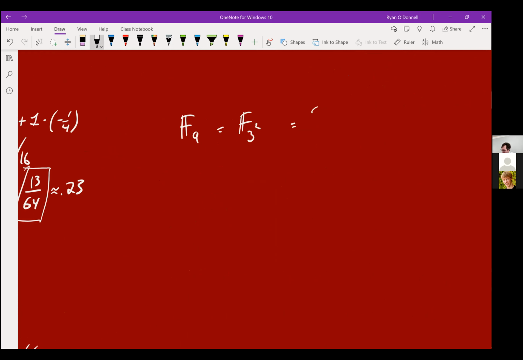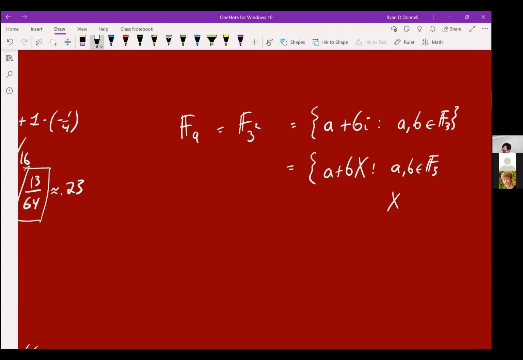First I said you can think of it as all the expressions A plus Bi, where A and B are mod 3. I took it for granted that there are the traditional rules for how to manipulate these numbers. And then a bit later we said you can also say it's basically the same thing, but it's all polynomials A plus Bx, where A and B are numbers mod 3, and it's mod this irreducible x squared minus 1, which basically just means this is formally 0.